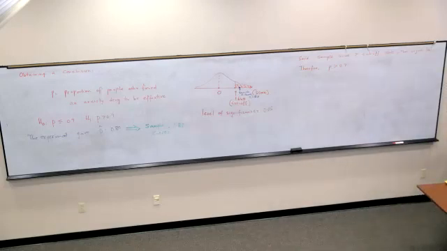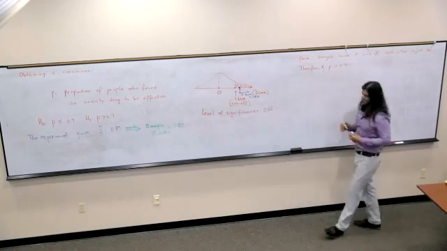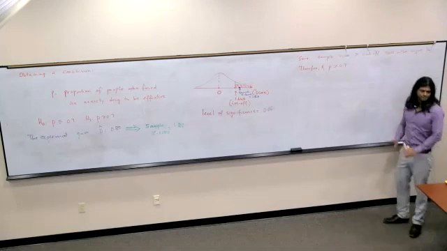I can say P is bigger than 0.7. H1 is the alternative. We rejected the null, so we go with the alternative. P greater than 0.7. Good. Great.